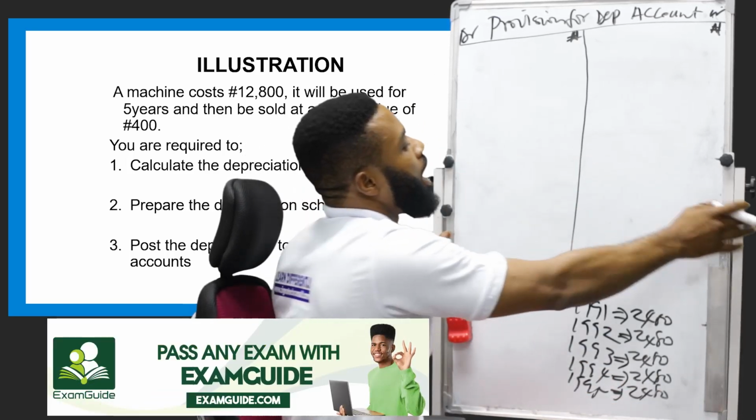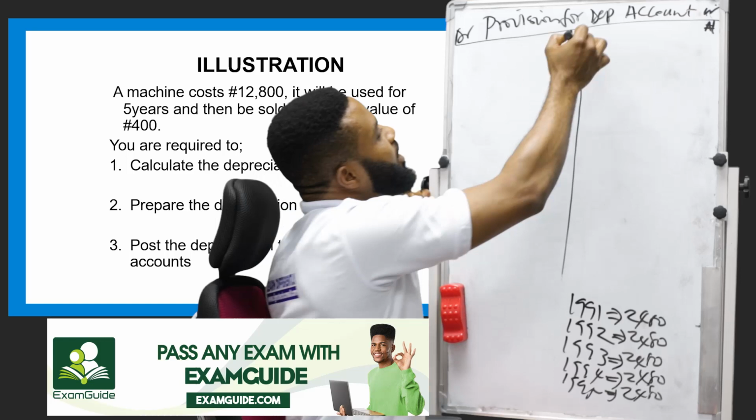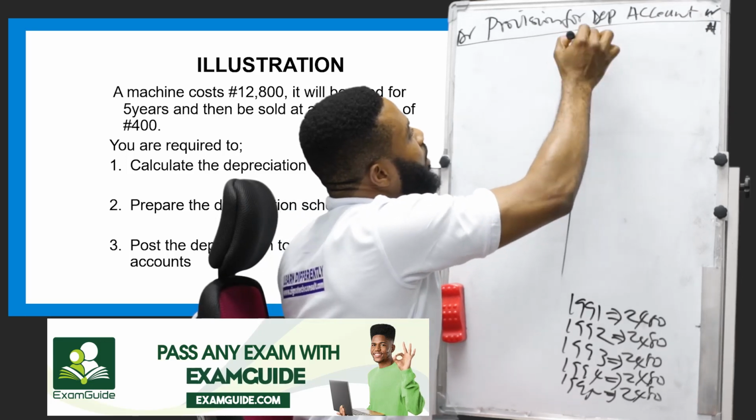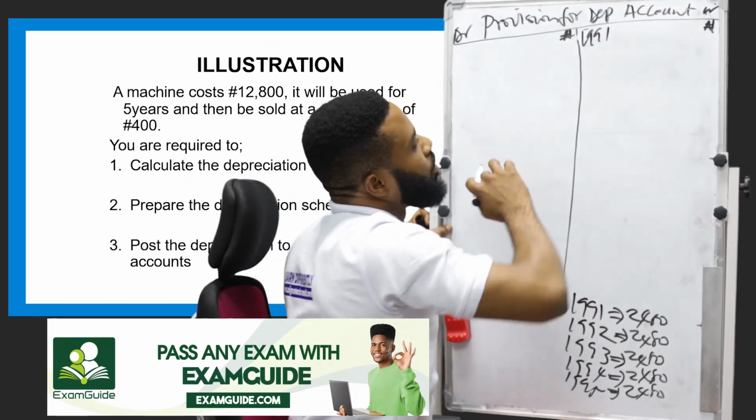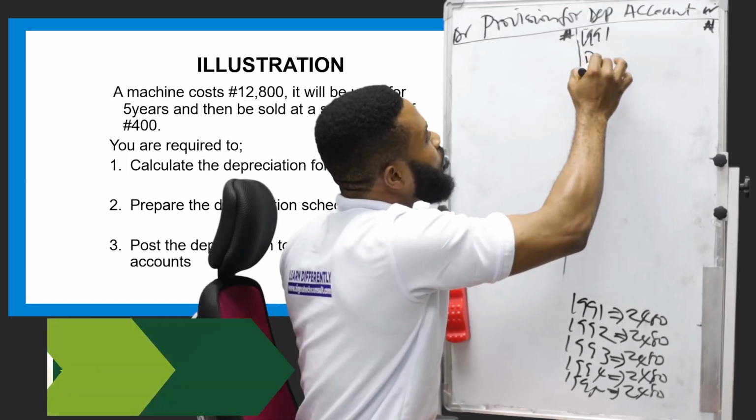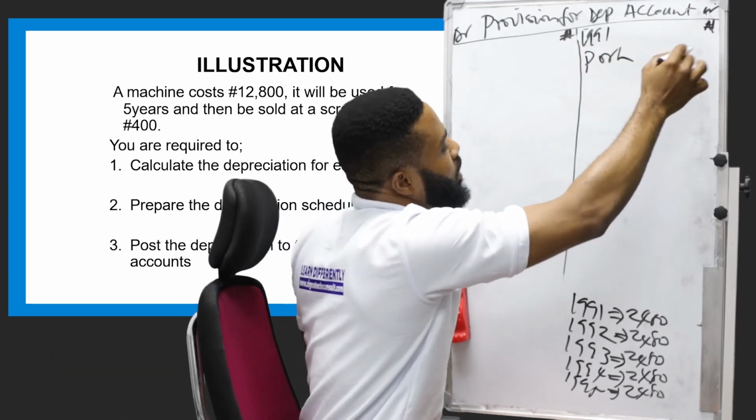You come here and write 1991. What is the depreciation? Your profit or loss is what? The value is 2480.